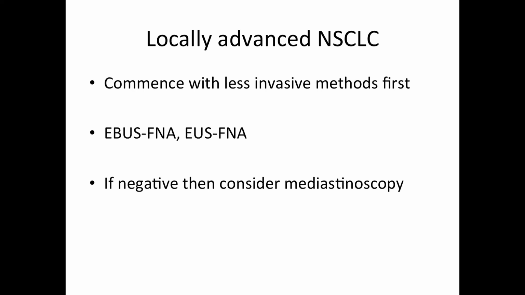Well, I've just mentioned some of the other options open to us, endoscopic ultrasound or endobronchial ultrasound, EBUS or EUS. EBUS obviously very commonly done nowadays, very often, at least in our centre by the respiratory physicians around the province with the various meetings.